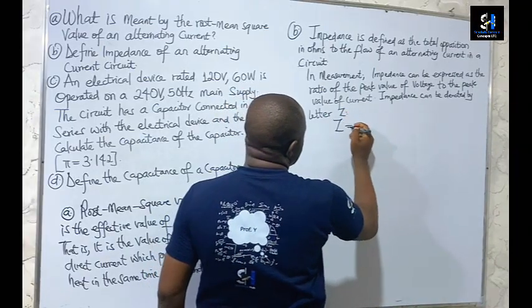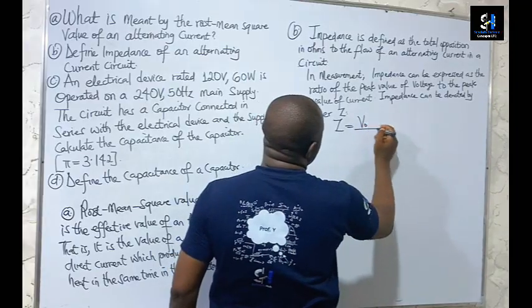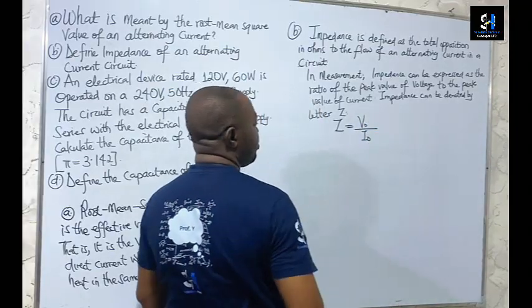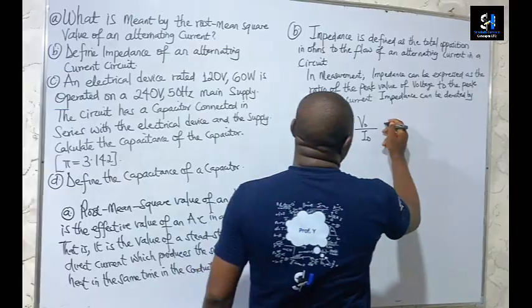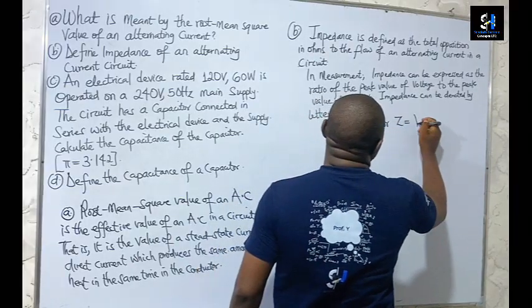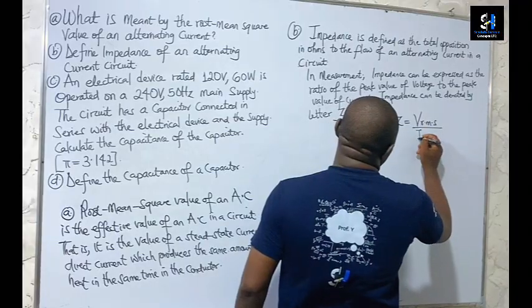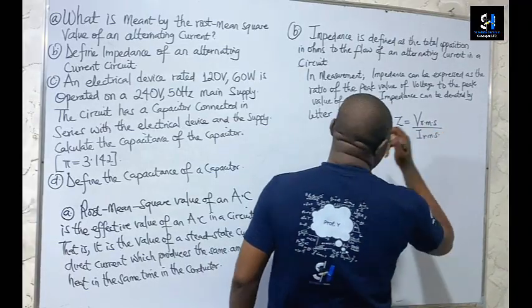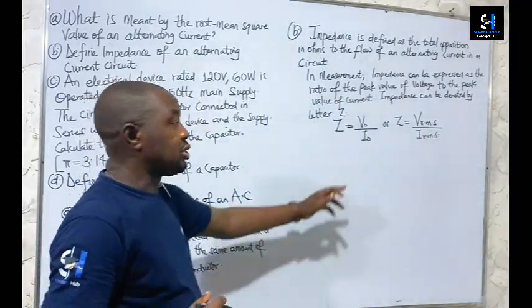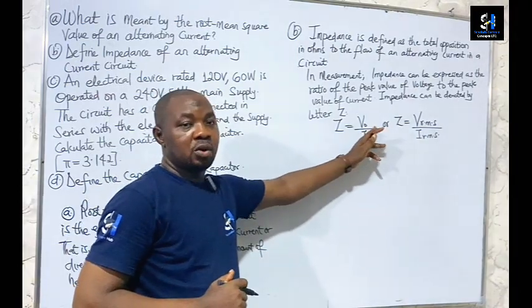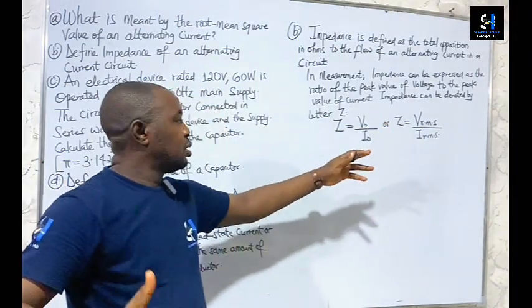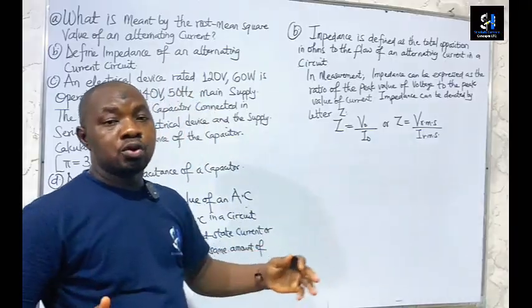So impedance equals peak value of voltage over peak value of current, or it can also be measured as the ratio of root mean square value of voltage to root mean square value of current. So this is peak value of voltage or amplitude voltage divided by amplitude current.